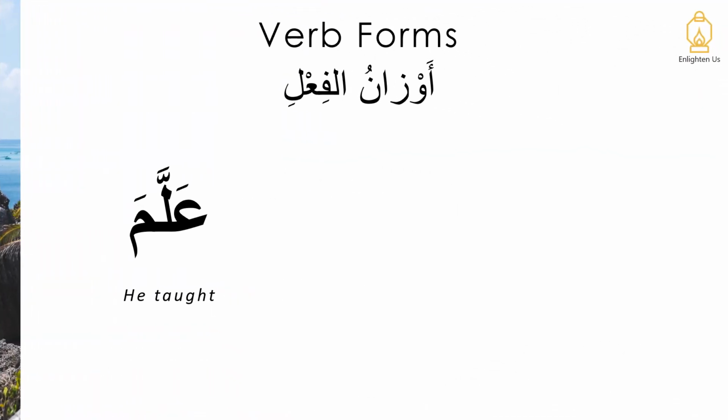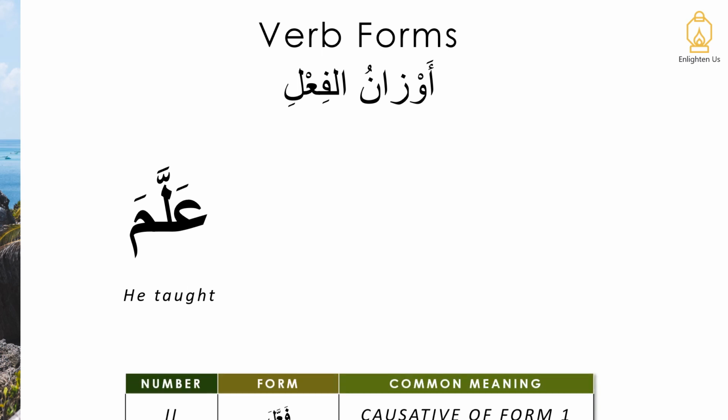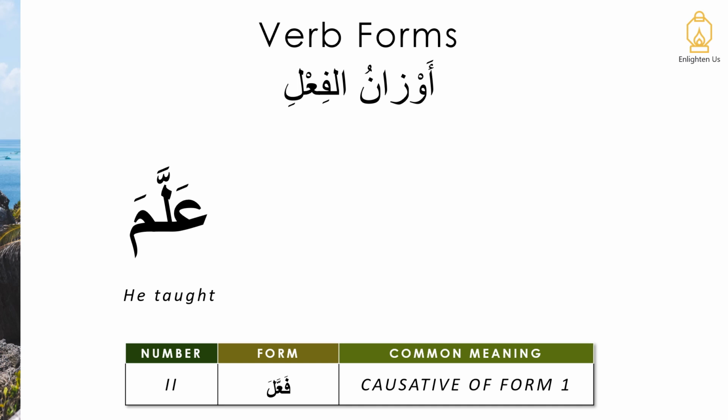Now let's say what you want to express is allama. Well, this is where form 2 is useful, because what form 2 is, or its function, is that it's causative of form 1. So it causes form 1 to happen. What does this mean? Well, let's go back to the original verb.